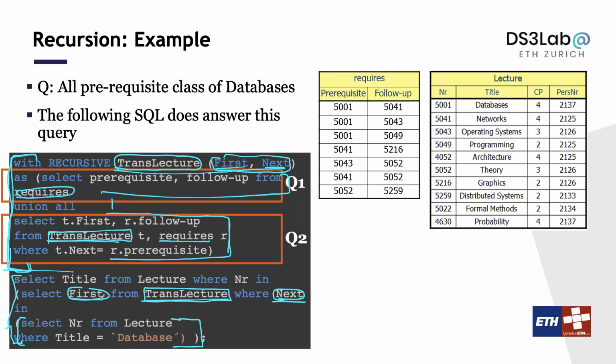So essentially, this gets you all the lecture numbers for lectures that are prerequisites of the database course. Then this query gets information from the lecture relation where the lecture number is in this set. So if you put everything together, it gives you all the prerequisite classes of databases.